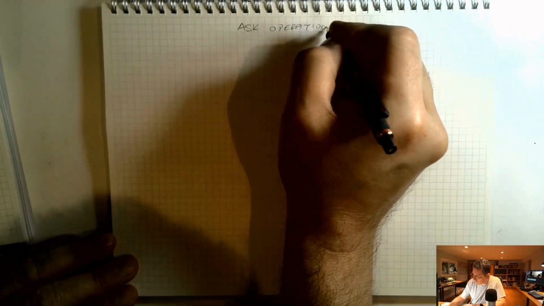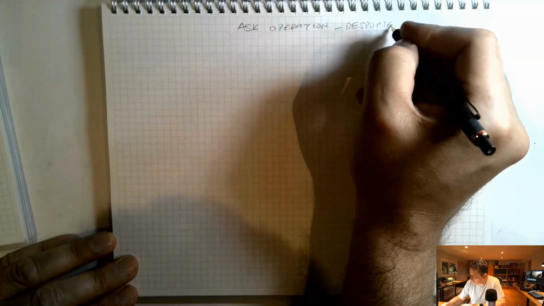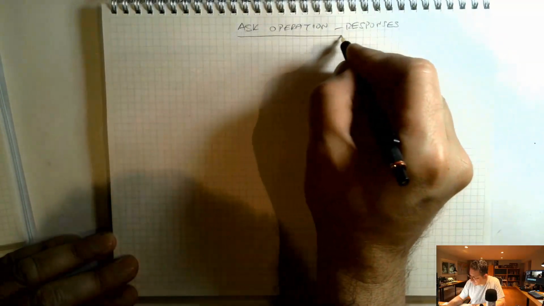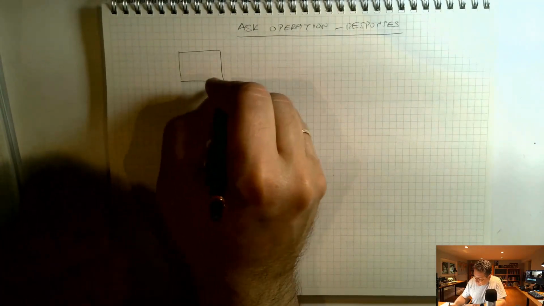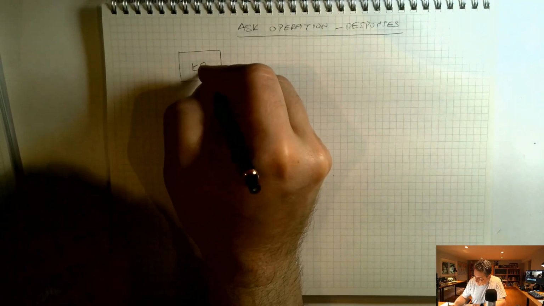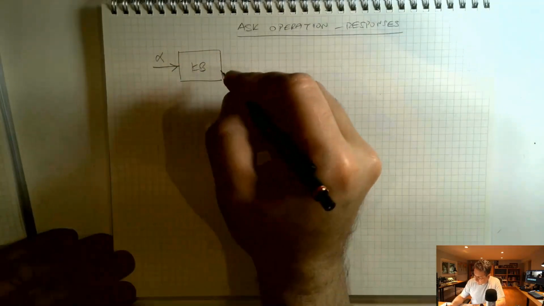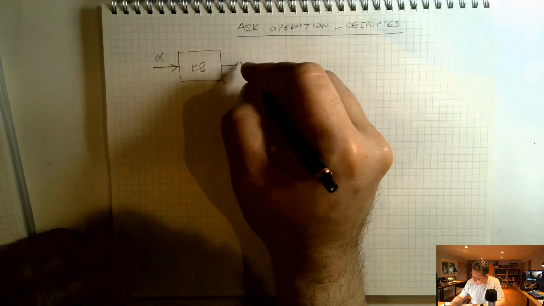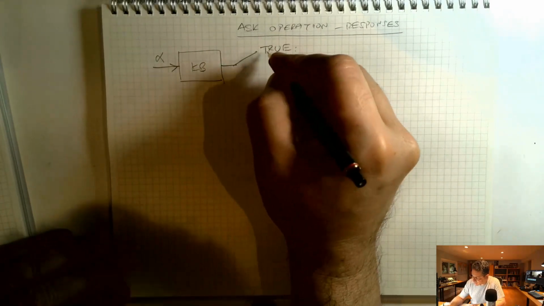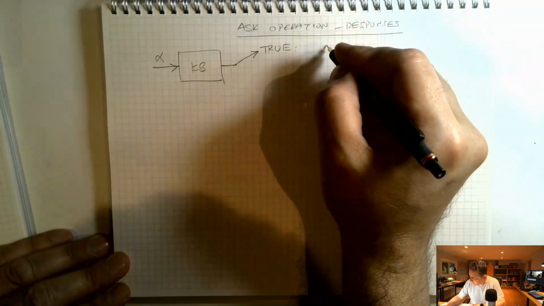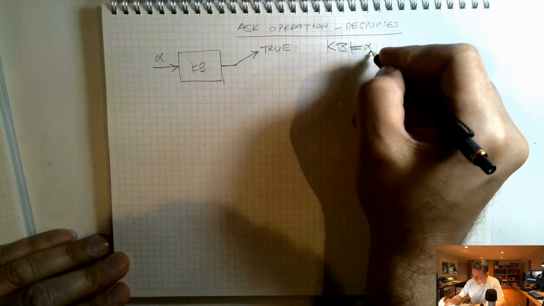And now if we look at the so-called ask operation responses, now that we have introduced entailment, it's pretty clear. We have a knowledge base that we are asking something about the sentence A. And we said that we have 3 responses. The first is true, and this response will come every time we are able to entail A, or alpha, from the knowledge base.